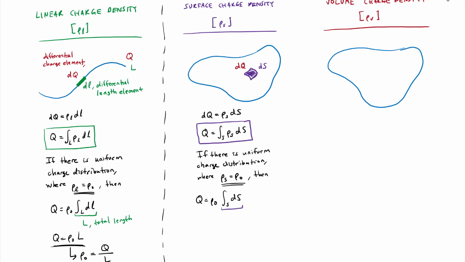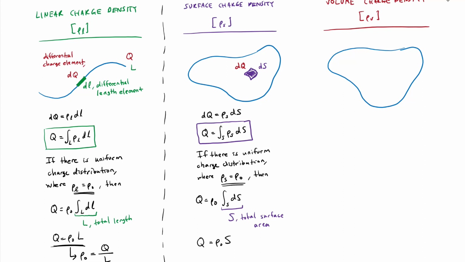And this is basically my total surface area S. So I can simplify this to rho naught S.